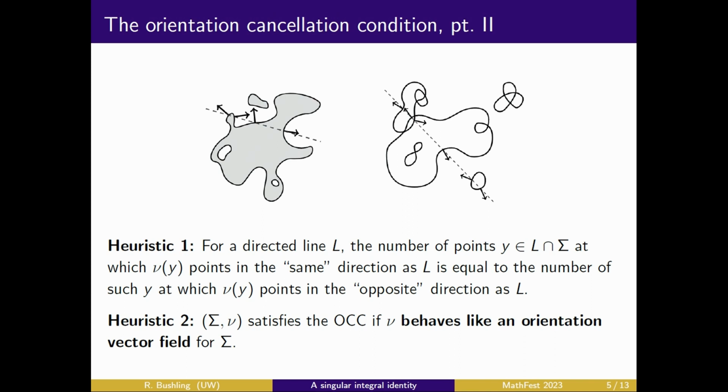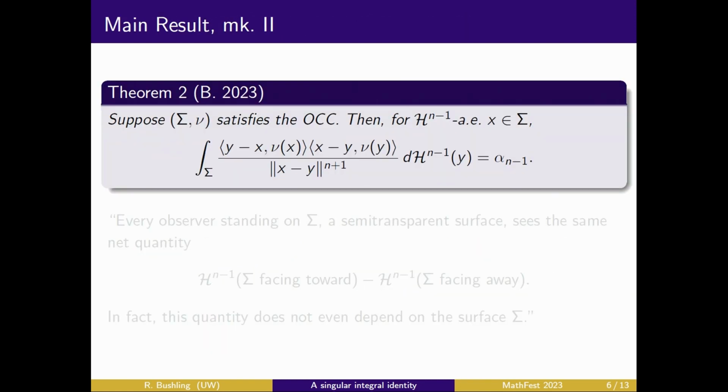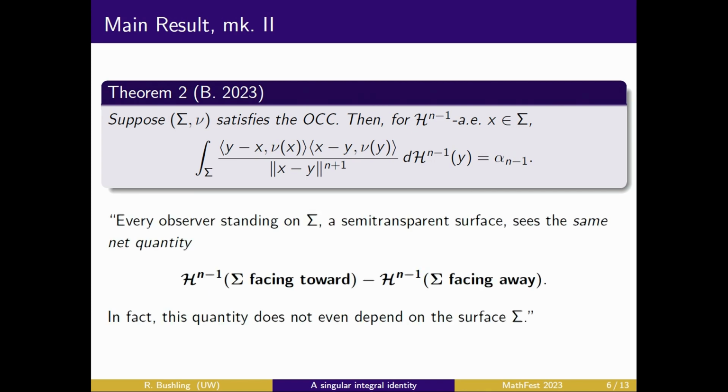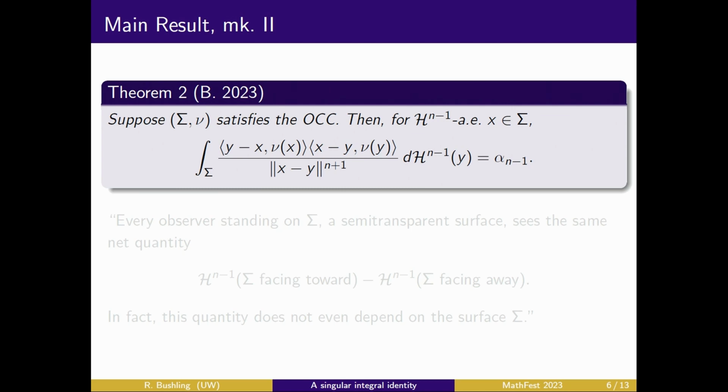The concept from algebraic topology that I alluded to is in fact how algebraic topologists like to talk about orientation of cell complexes, and this was my best attempt to capture the property of orientation that I wanted these sets to have.